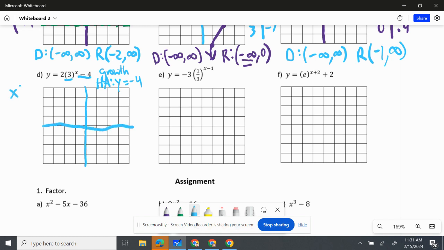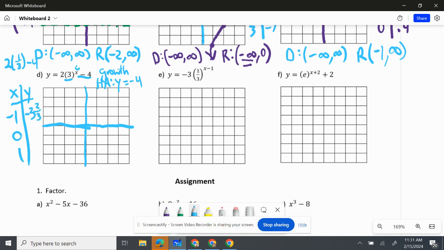When we're looking at our table of values, we have -1, 0, 1. Line's a little sloppy. So when we plug in a -1, it flips the 3 to 1/3. So I have 2 times 1/3 minus 4. That would be 2/3 minus 4, which is -3 and 2/3.